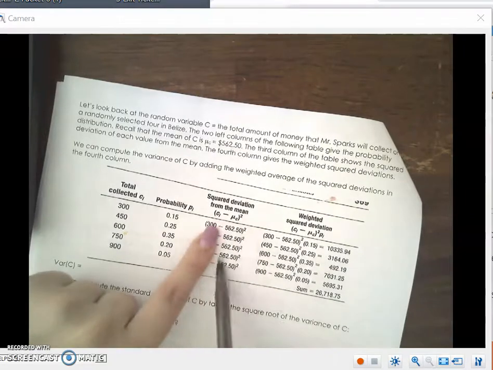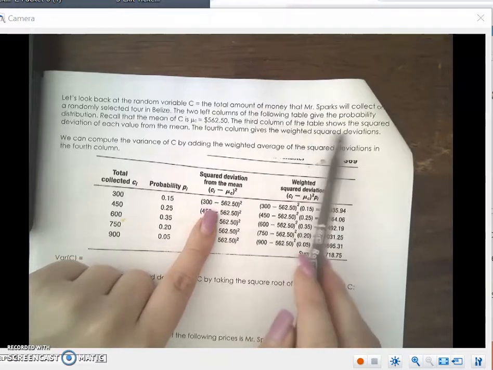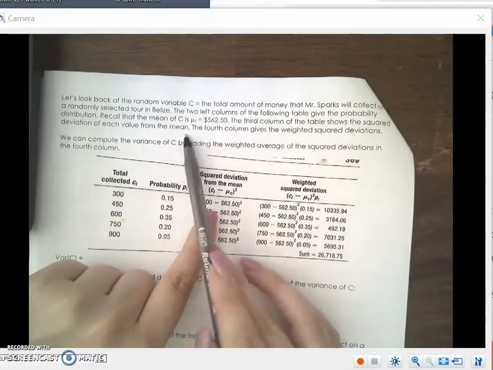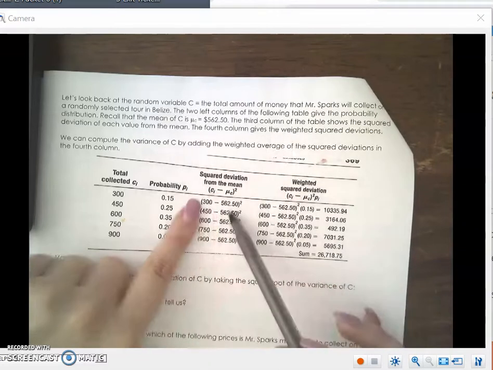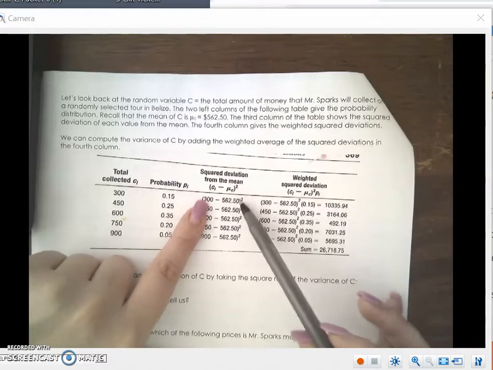Remember back here? 562.50 was what we got for our mean, or our expected value. So that's why they're subtracting it from all of these. The third column of the table shows the squared deviation of each value from the mean. So you have your value minus the expected value squared.